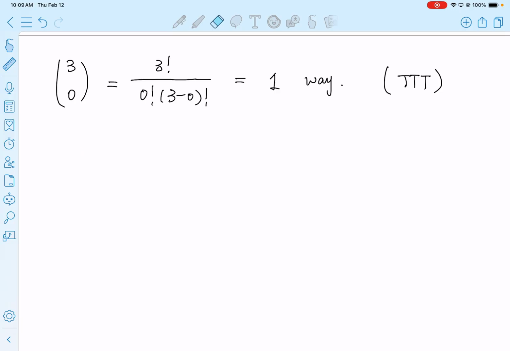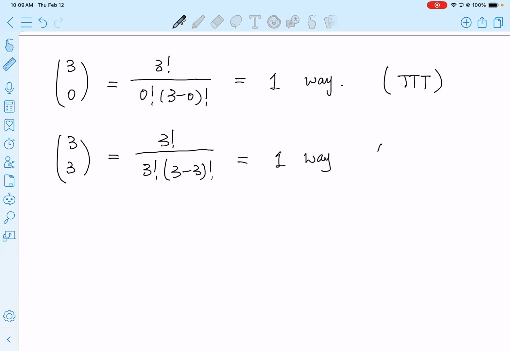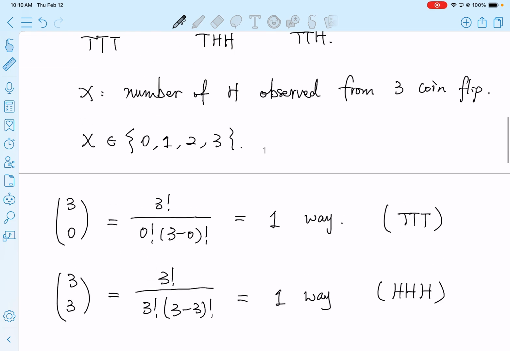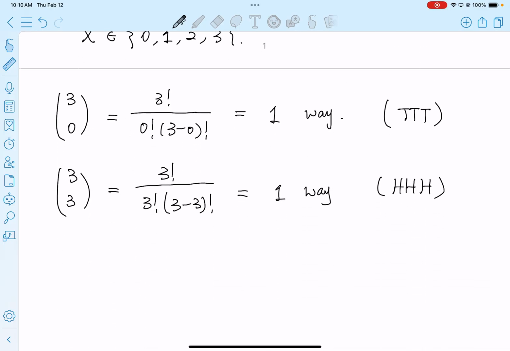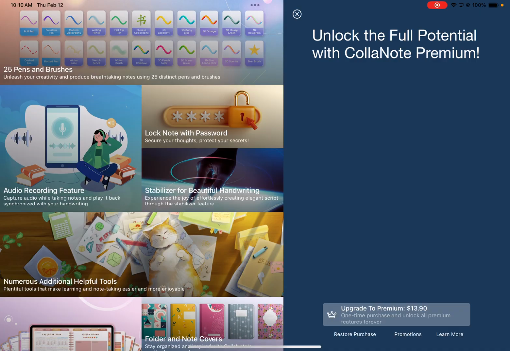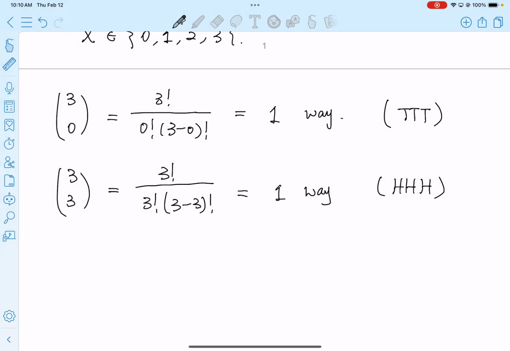Similarly, out of 3 coin tosses to get 3 heads, we will also have exactly 1 way to get that, which is associated to the head, head, head case. Okay, so based on the table, we notice that there is only 1 way, and this counting mechanism gives us the ways out of those 8 outcomes, how many of them are related to the things that we are interested to measure in terms of the probability.